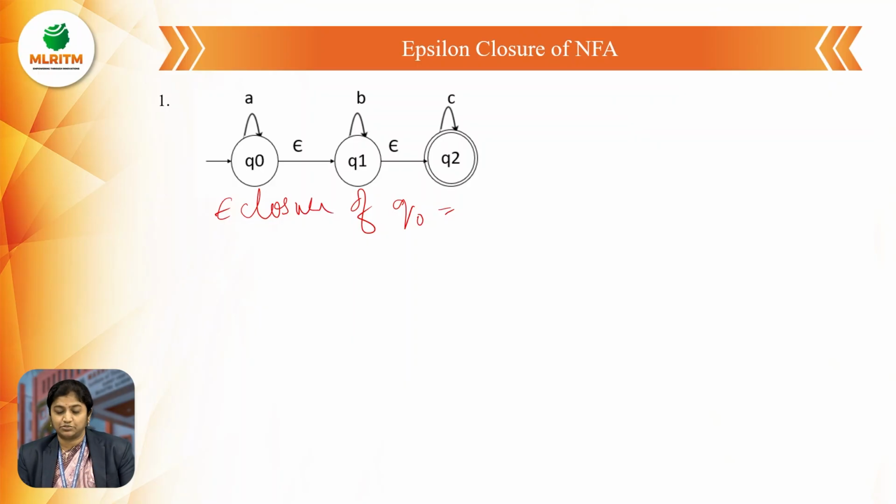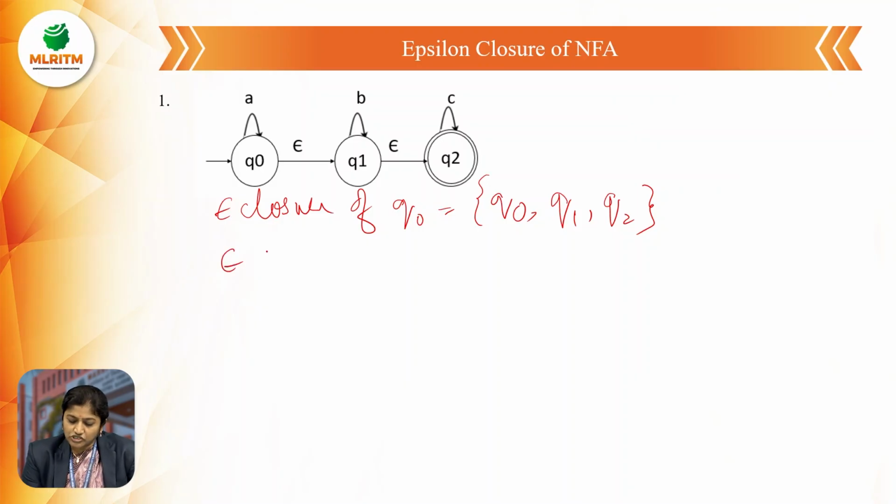Initially we should write the same state first for whichever state we are finding the epsilon closure of. So for Q0, first we write Q0. Next, where is the epsilon symbol connected from Q0? Q1. So the next state is Q1. But again from Q1 an epsilon symbol is connected. Where does it go? Q2. So these are the 3 states of the epsilon closure of Q0.